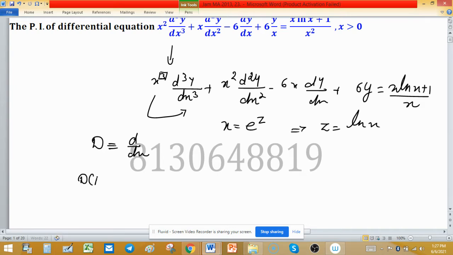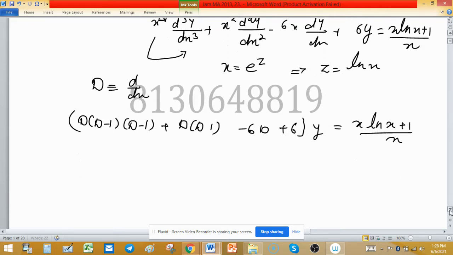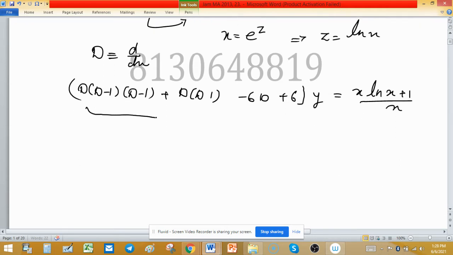So D(D minus 1)(D minus 2) plus D(D minus 1) minus 6D plus 6y equal to right hand side as x ln x plus 1 divided by x. Normally we call this as f(D), means function of D.